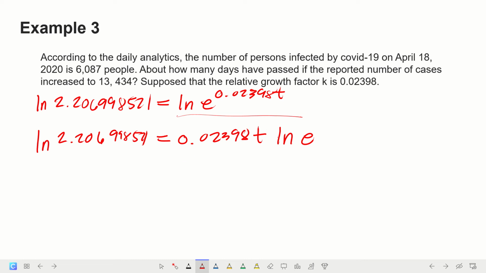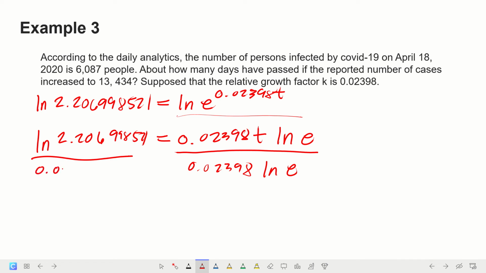To isolate our t, we need to divide both sides by 0.02398 times the natural logarithm of e. So, we can cancel this out.